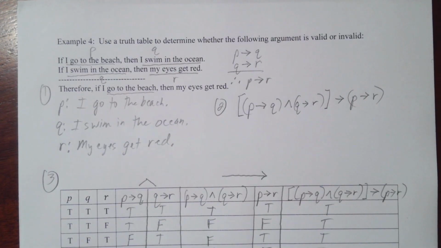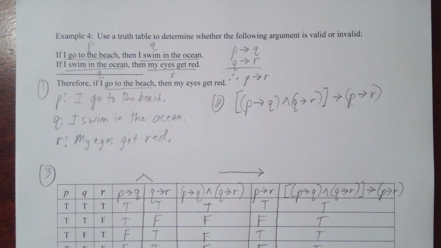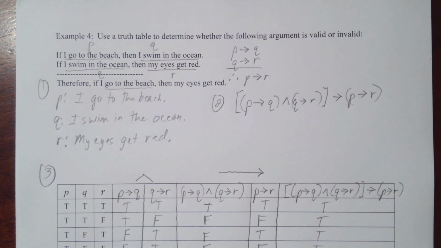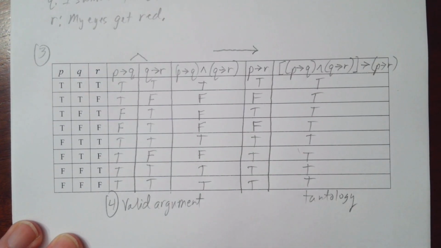And so if we had the option to solve this, notice it did say use a truth table here, but if it had said that we could either do that or use a standard form of argument to determine its validity, we could have said that this is transitive reasoning.